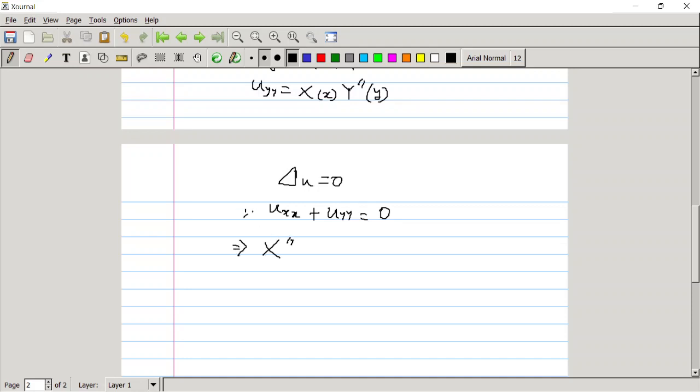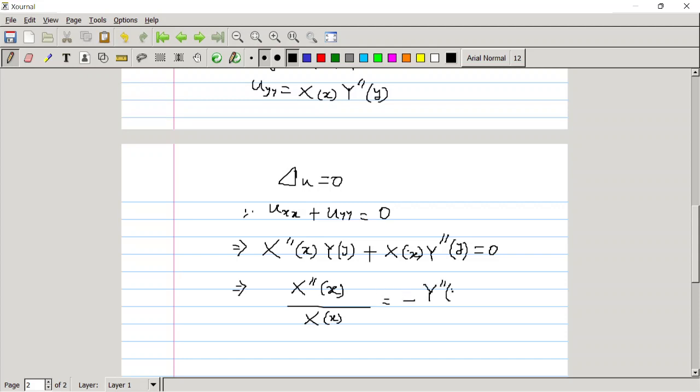I got X''(x) into Y(y) plus X(x) into Y''(y) equal to 0. Now I will just reformulate it, that is X''(x) by X(x) is equal to minus Y''(y) by Y(y).